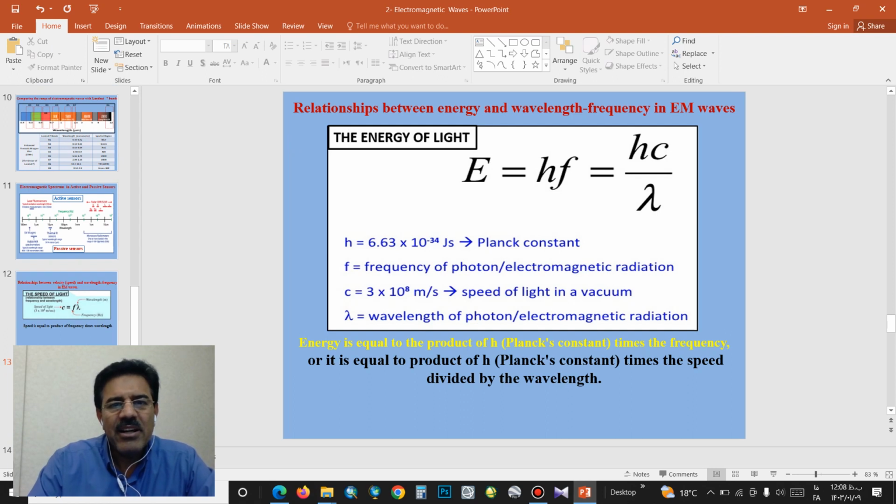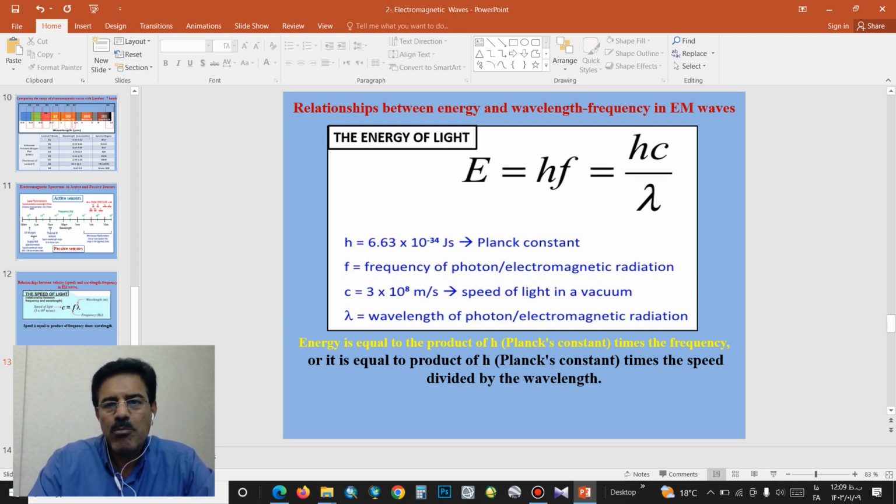And this slide is showing the relationship between energy and wavelength and frequency in electromagnetic waves. Energy is equal to the product of h, Planck's constant, times the frequency, or it is equal to the product of h, Planck's constant, times the speed divided by the wavelength.